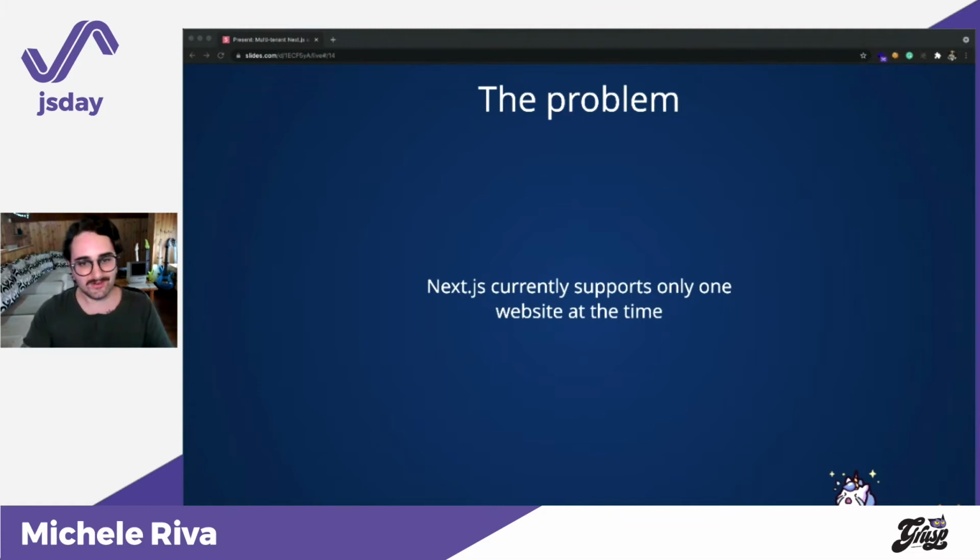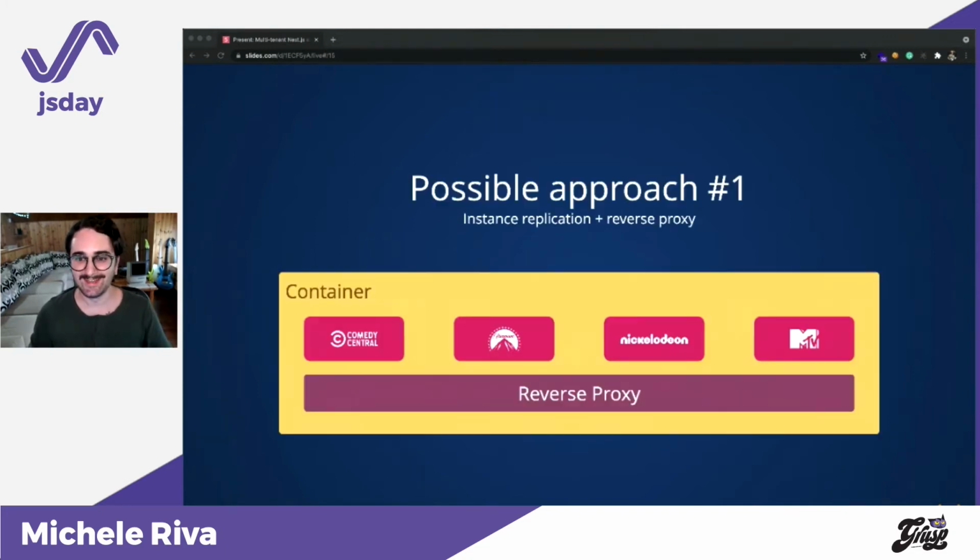So during my research, we've taken into consideration many different approaches, starting from the most simple one and most horrible one, of course, and it's instance replication and reverse proxy altogether, meaning that we can have a big Docker container, and we can create a different Next.js website for every single brand.